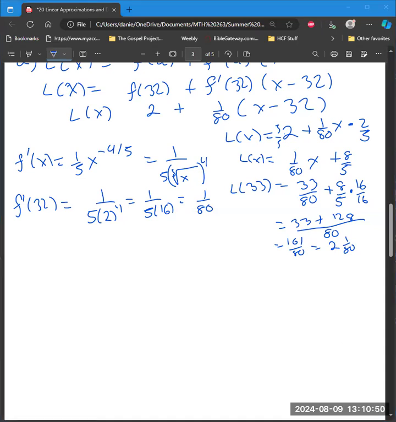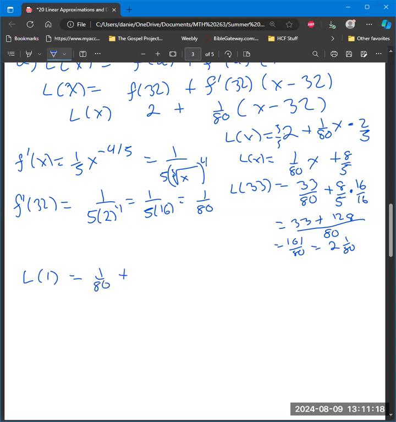While I do that, let's go ahead and find the approximation for the 5th root of 1, which we know is 1, but we're going to get a terrible approximation for it. So L of 1 using this model that we just got here is going to be 1/80 plus 8/5.